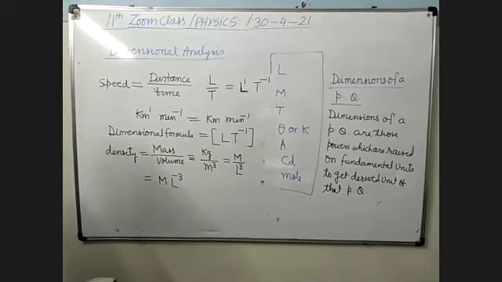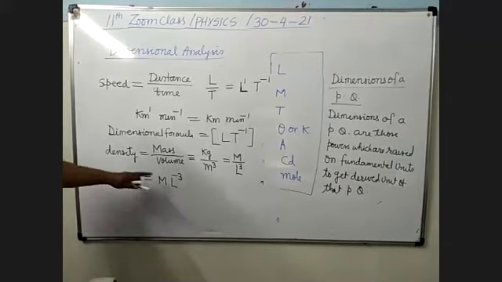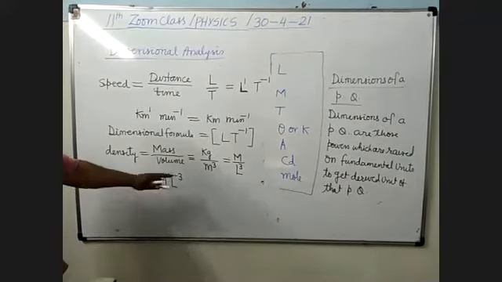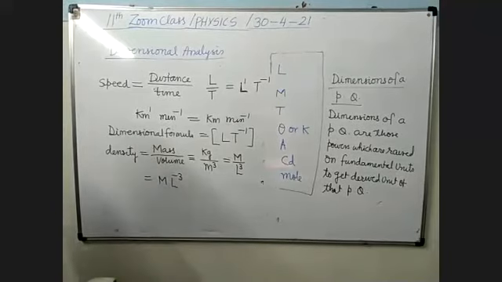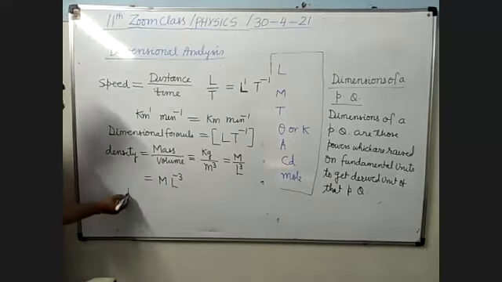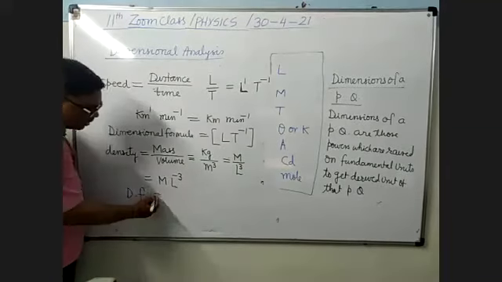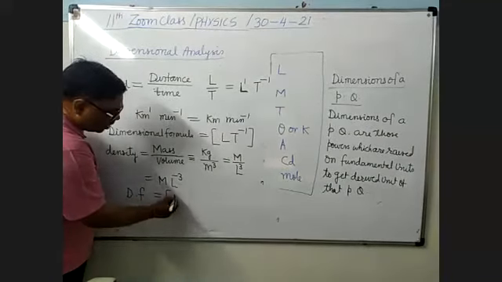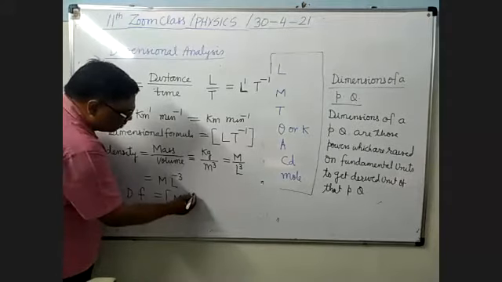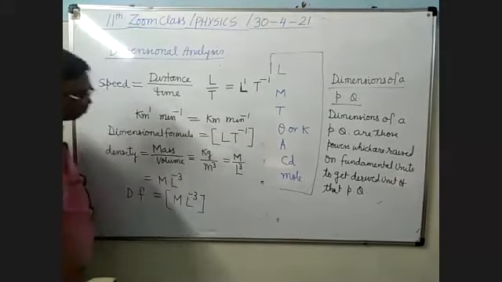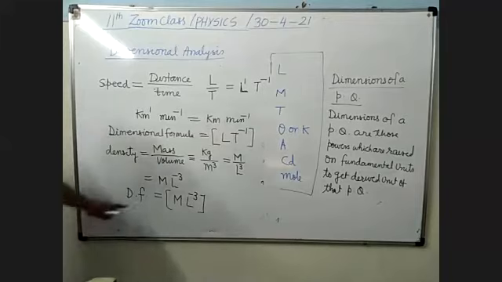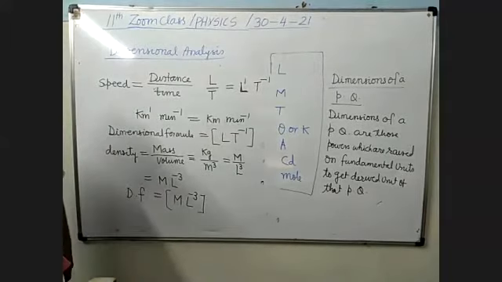So instead of saying that the dimension of density is 1 power on the unit of mass and minus 3 power on the unit of length, we will express it by using a formula called the dimensional formula. And it is always written inside a pair of big brackets.